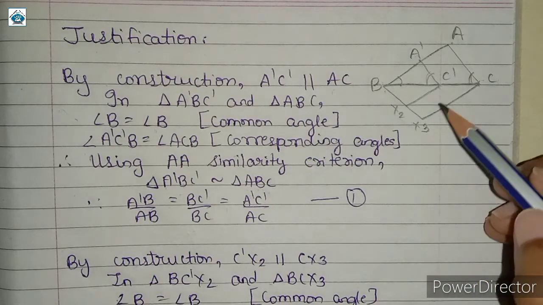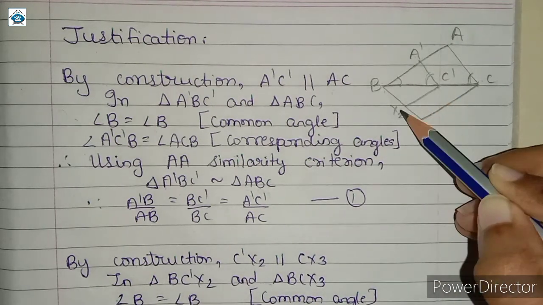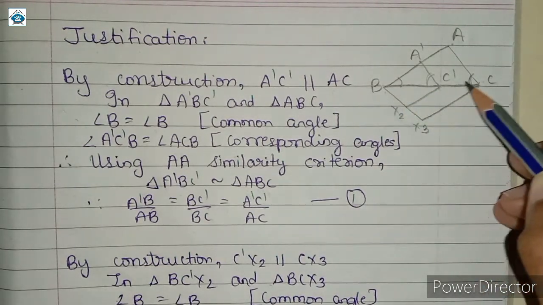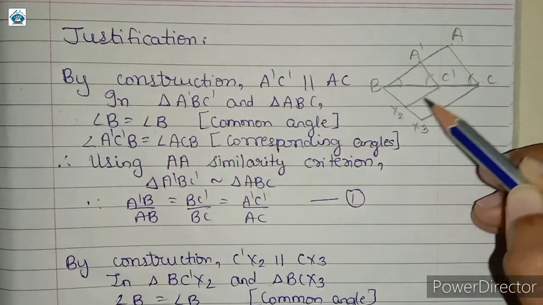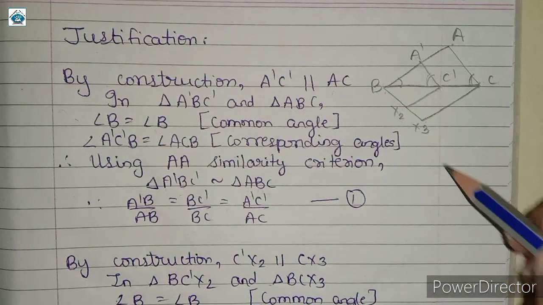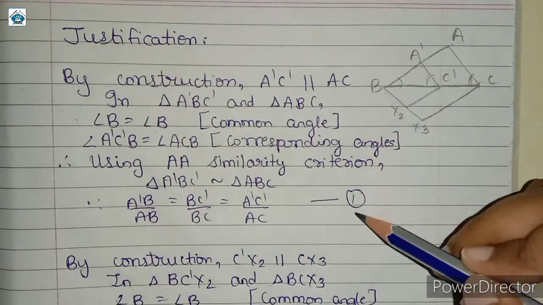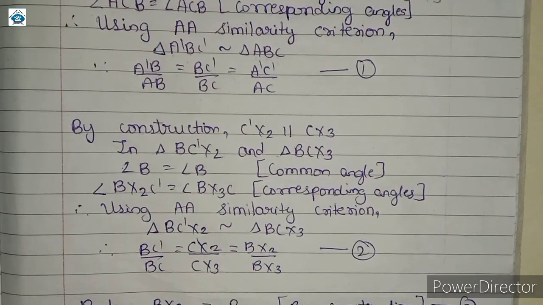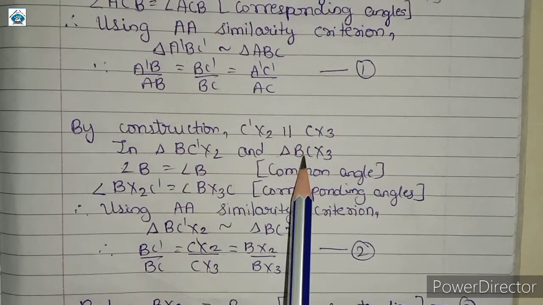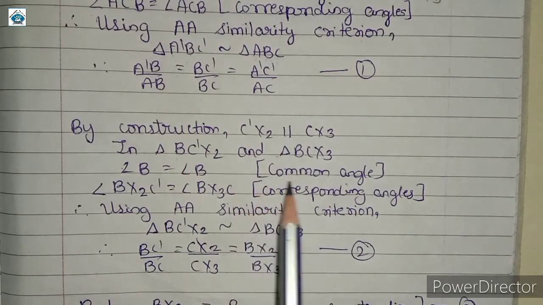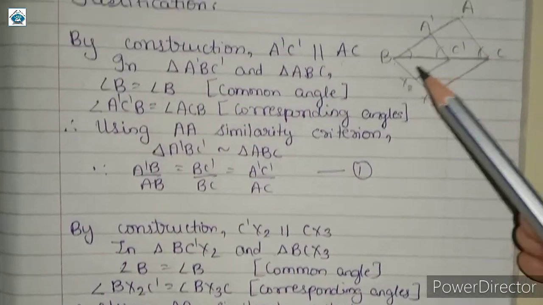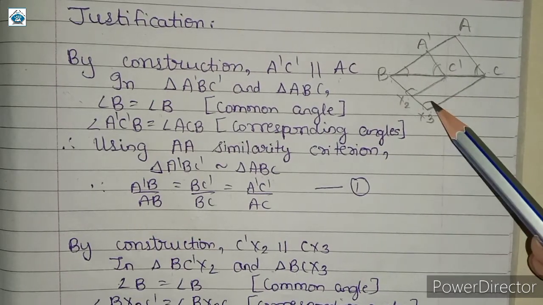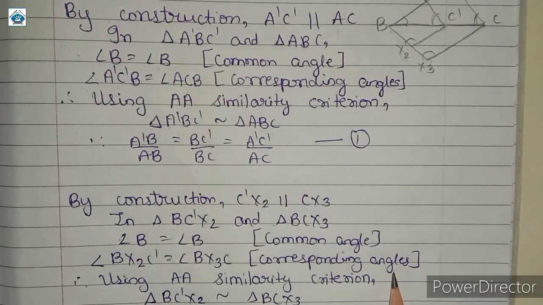Again, by construction, we know that C dash X2 is parallel to CX3. Now these two are parallel and here you can see triangles BX2C dash and BX3C. Again, we are going to apply the same rules, and by similarity criterion we will show these two triangles are also similar, because in these two triangles as well angle B is the common angle, and angles BX2C dash and BX3C are equal because they are corresponding angles.